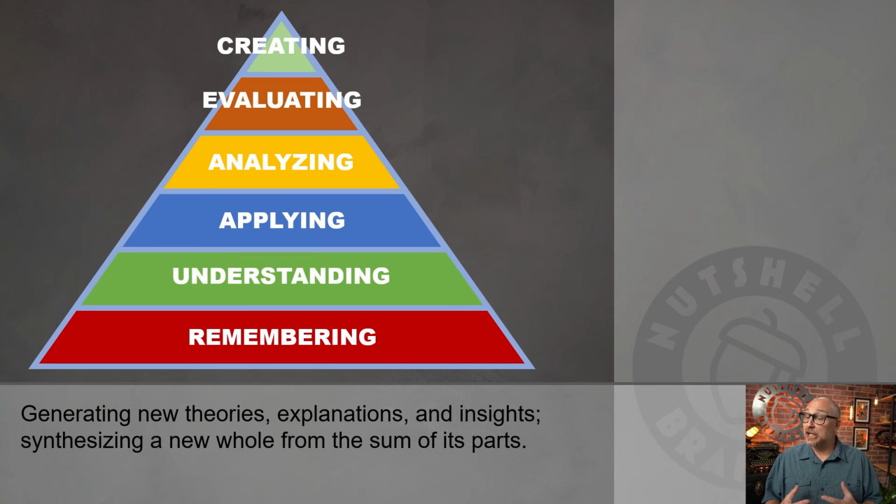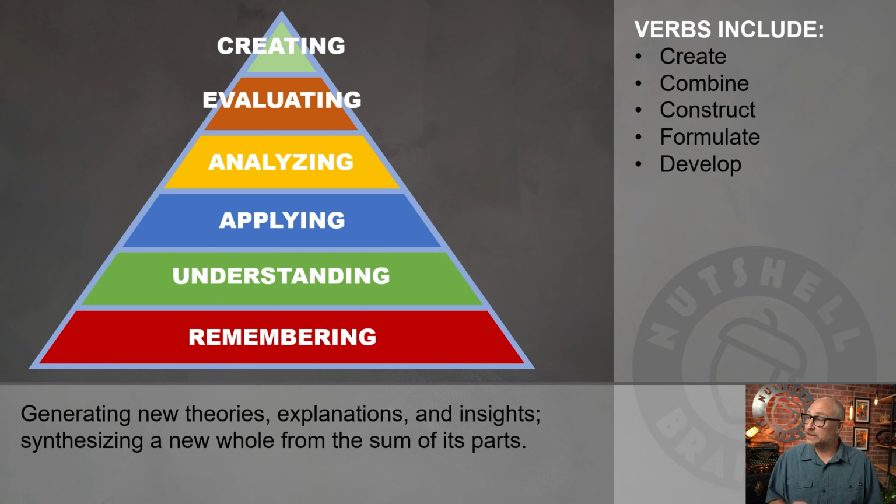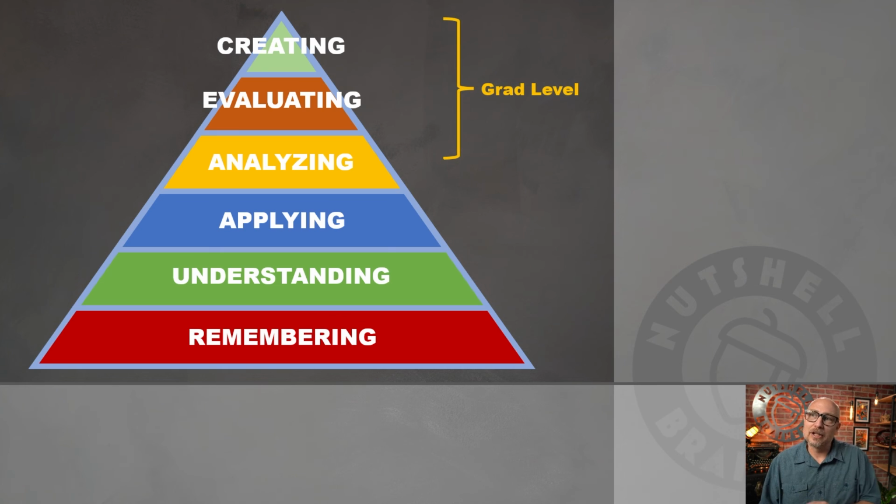That brings us finally to creating. Creating is generating new theories, explanations, and insights, synthesizing a new whole from the sum of its parts. So an assignment that focuses on creating will say things like create, combine, construct, formulate, develop, things like that. And in general, it's really around the grad level.